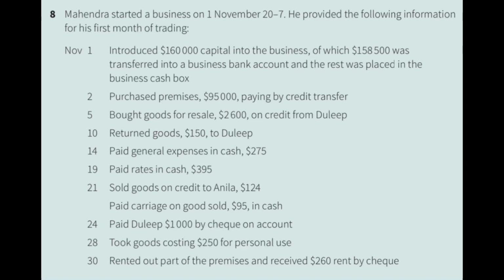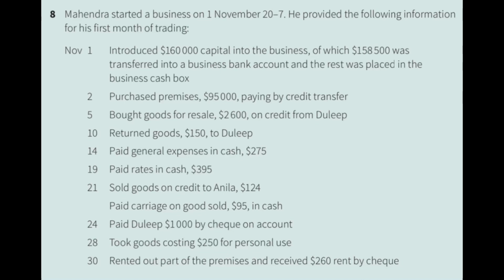This video today we are going to solve a practice question about the double entry. So the question that I have selected for you guys is about Mahindra. It says that Mahindra started business on 1st November 2007.